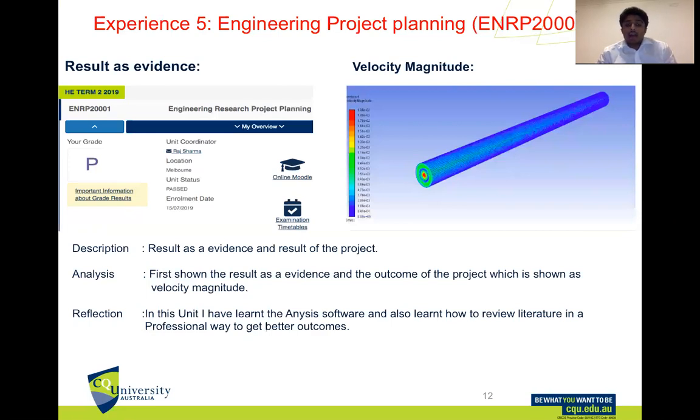In that I have to analyze velocity, temperature, and pressure contours in ANSYS software. I selected paraffin wax as the organic material and salt hydrate as the inorganic, after going through all the literature review. In that, I got two materials, which is quite good.